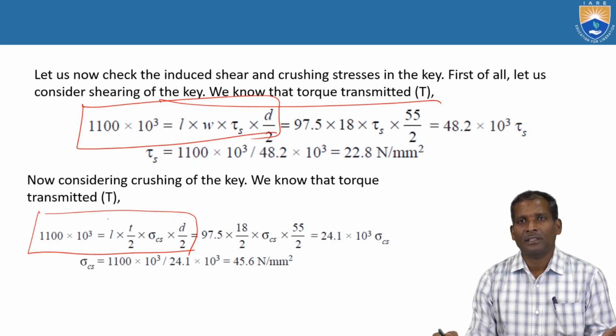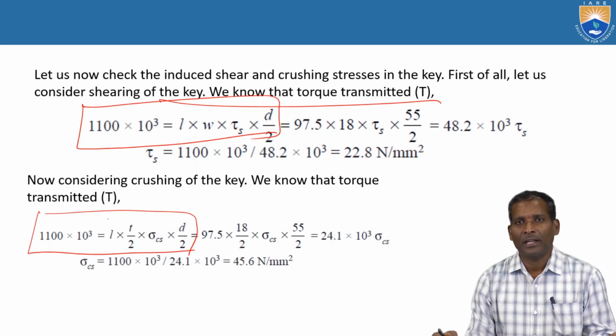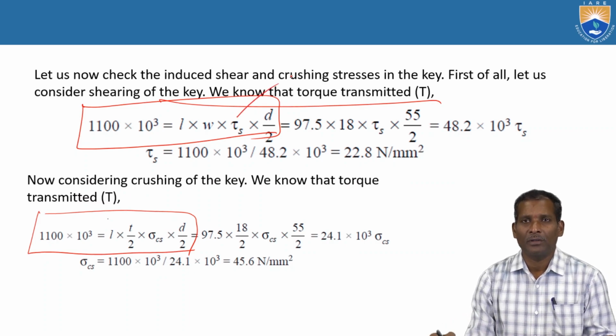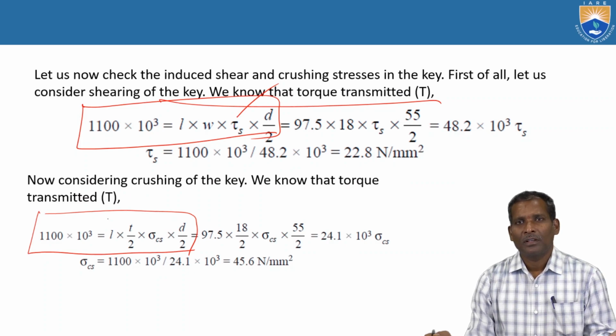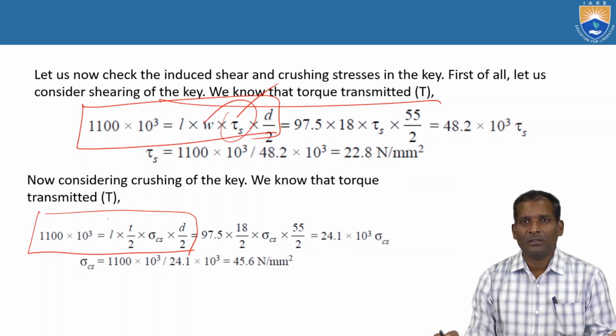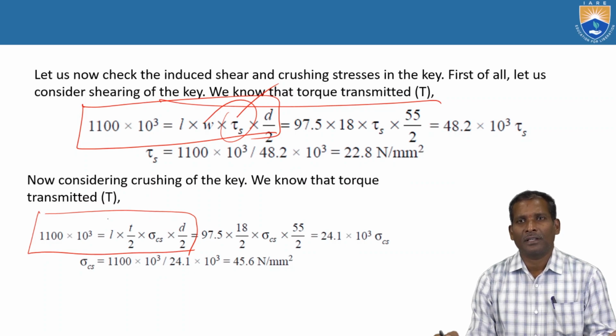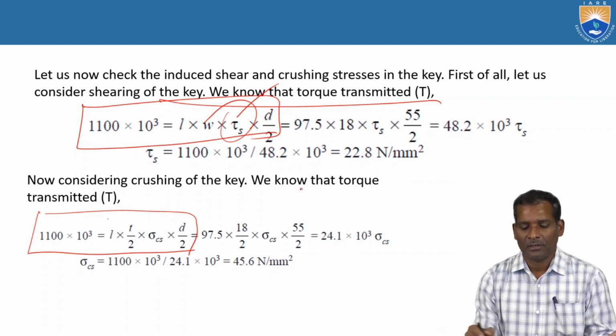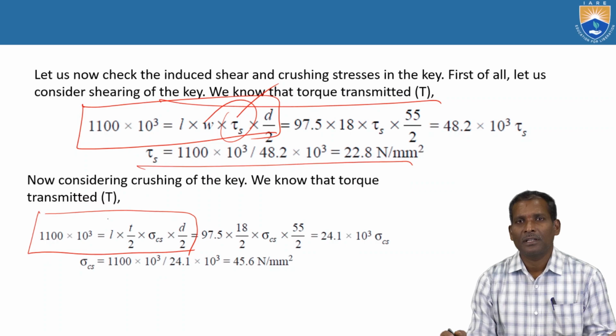We have already determined these in the previous step. The shear strength needs to be calculated and compared with the given permissible value. From this equation, the obtained shear strength is 22.8 Newton per mm square.